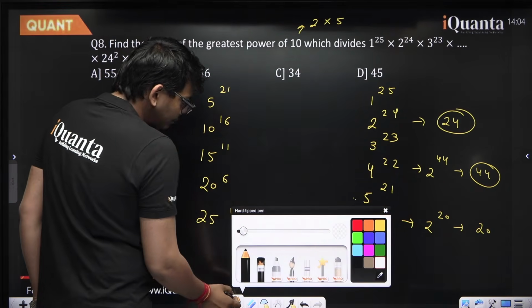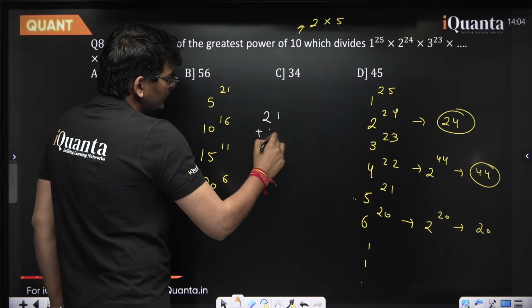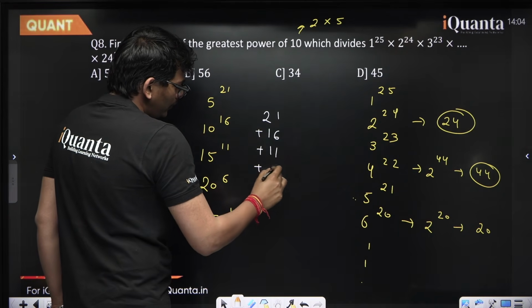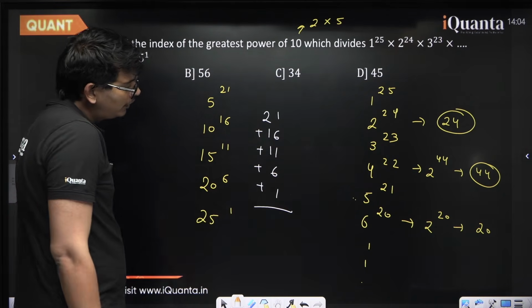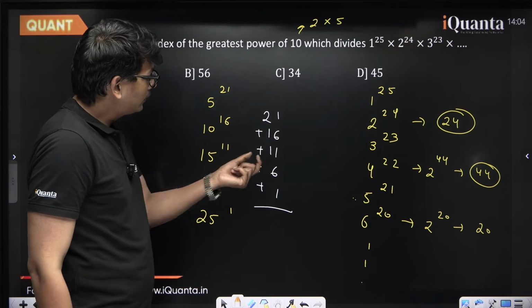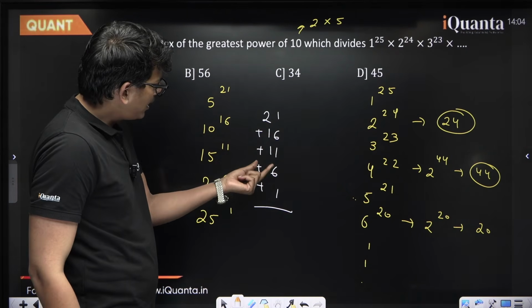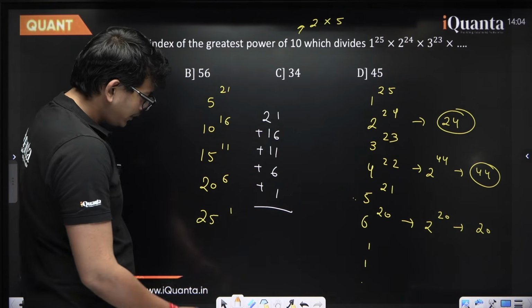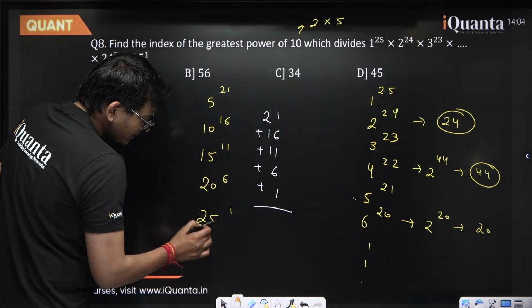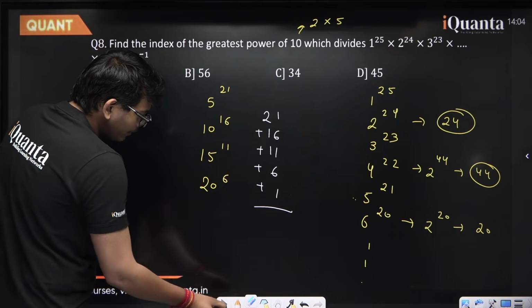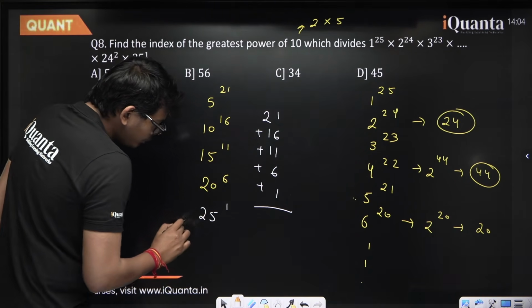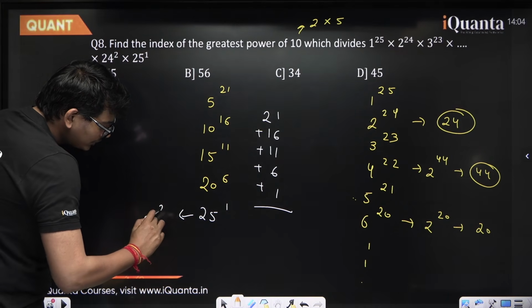Now take the sum, 21 plus 16 plus 11 plus 6 plus 1. So 37, this will be 48. Let me add this again. Oh, sorry. This is an interesting thing which just came to my mind. This is 25 raised to the power 1, but 25 is 5 squared.